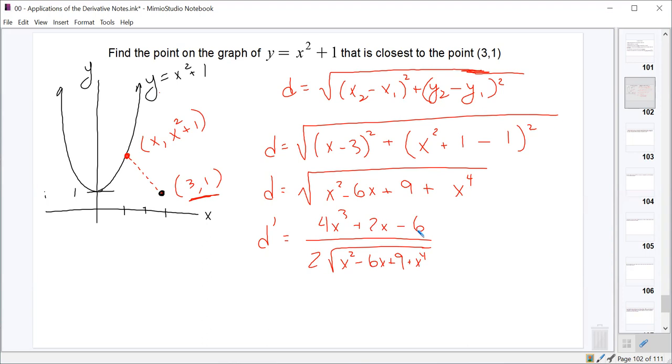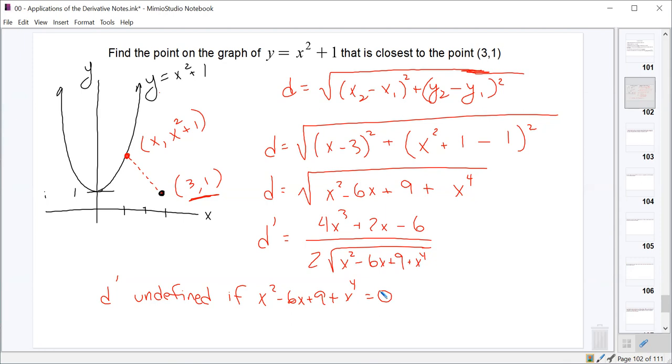And first, we're going to note that d prime is only undefined for any values that make x squared minus 6x plus 9 plus x to the 4th equal to 0. And there aren't any values that make that equal to 0. I think that's pretty obvious to see.